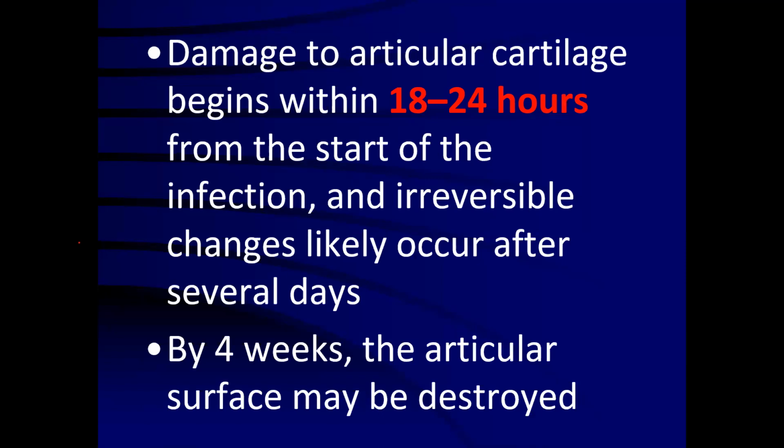Damage to the articular cartilage begins within 18 to 24 hours from the start of the infection, and irreversible changes likely occur after several days. By 4 weeks, the articular surface may be destroyed.